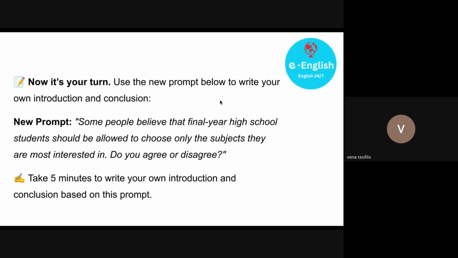Or maybe some of them cannot go to college because, let's say, their financial situations are such that they cannot afford to educate themselves.